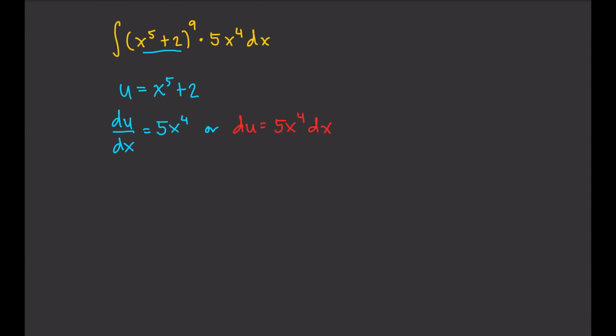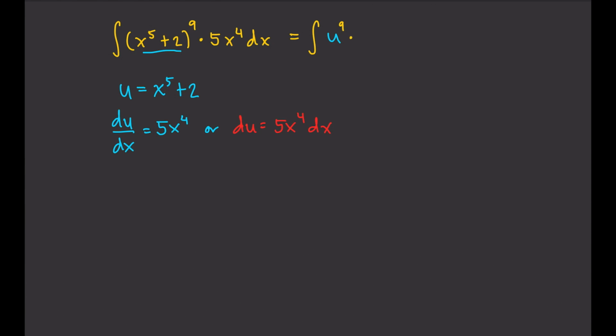So again, u is x to the fifth plus 2. du over dx is 5x to the fourth, or du is 5x to the fourth dx. So we're done setting up the substitution. Now we're gonna substitute. Okay? So this is equal to the antiderivative. The x to the fifth plus 2 becomes u. Okay. The 9 will stay.